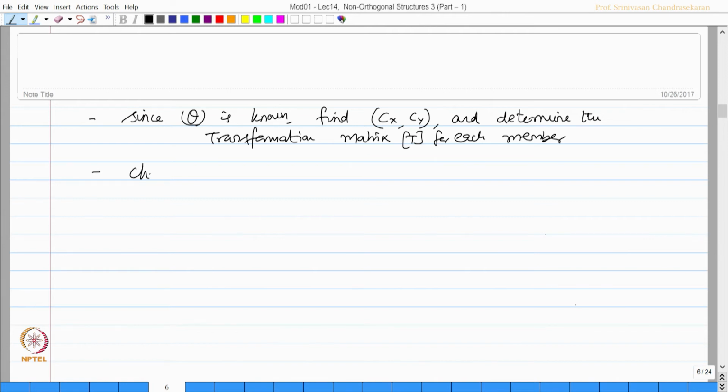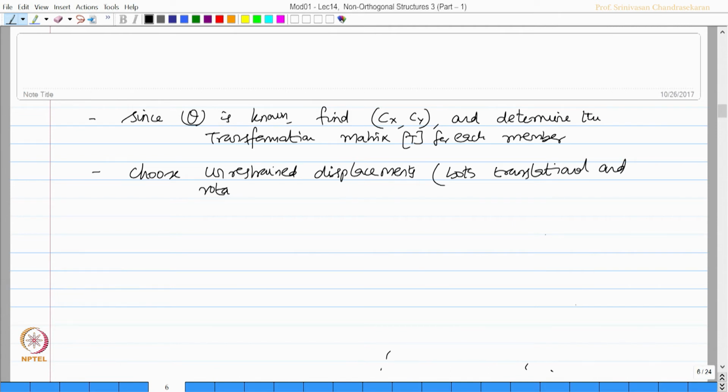After that, choose unrestrained displacements, both translational and rotational, as the first group, then choose restrained displacements as the second group.